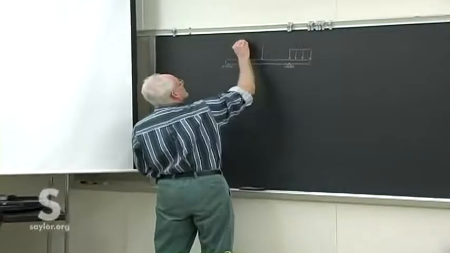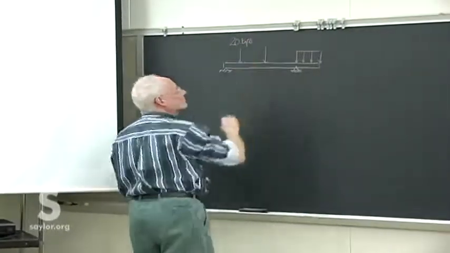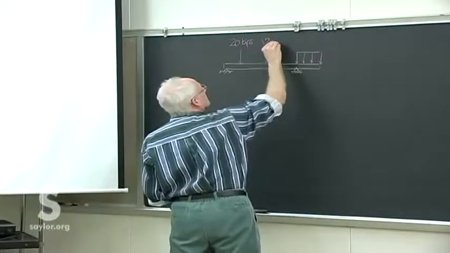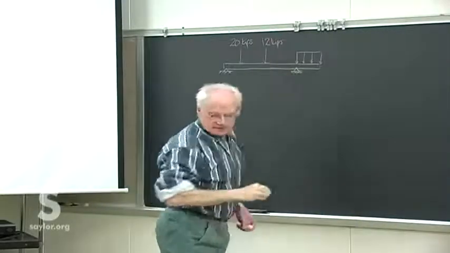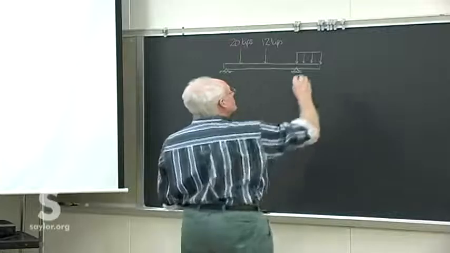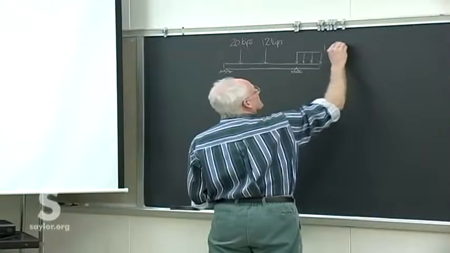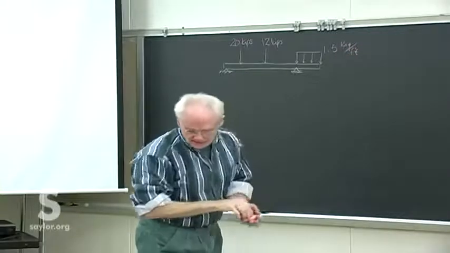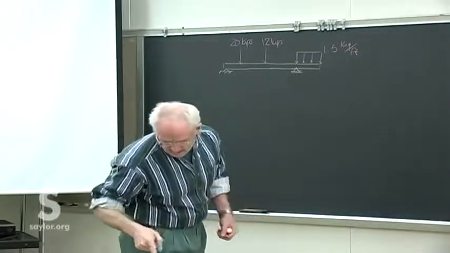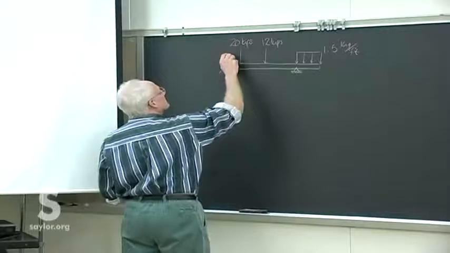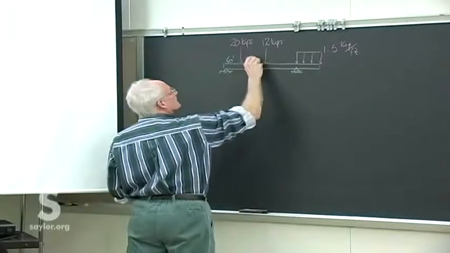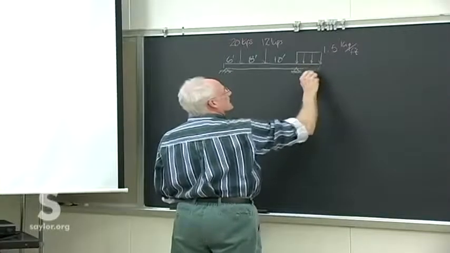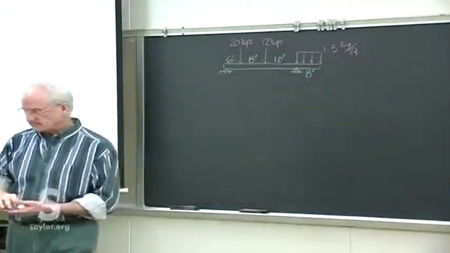So, 20 kips, 12 kips there, and 1.5 kip per foot. And then the distances between these: 6 foot, 8 foot, 10 foot, and then this end piece there, 8 foot.